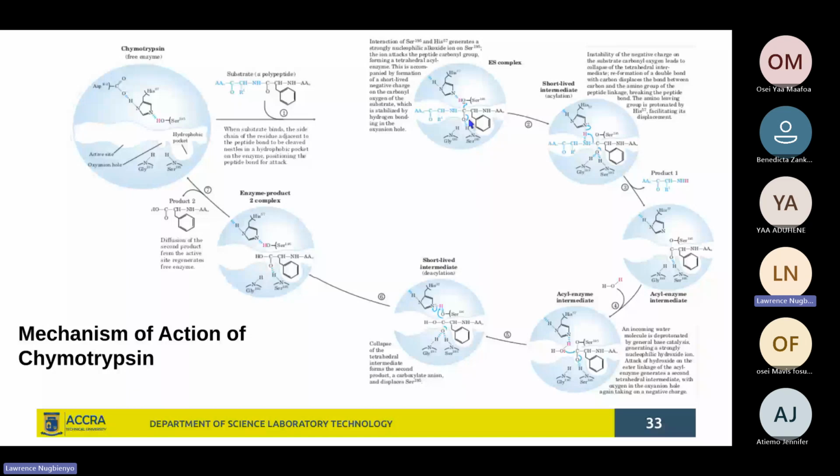So you can see that the molecule is slightly stable. This complex is slightly stable, so that it can now move to the transition state. Now, the mechanisms of reactions which we looked at earlier, one of them was acid-base catalysis.